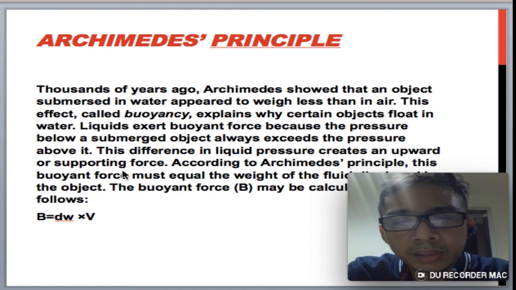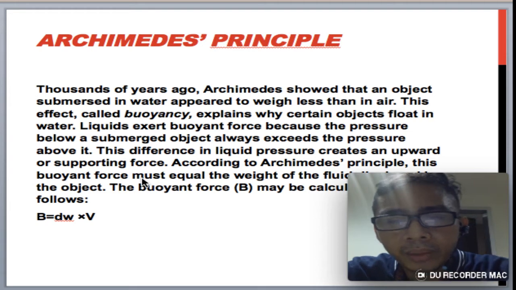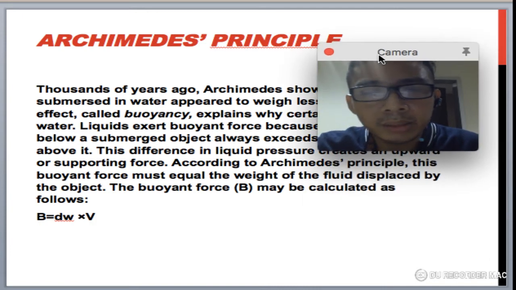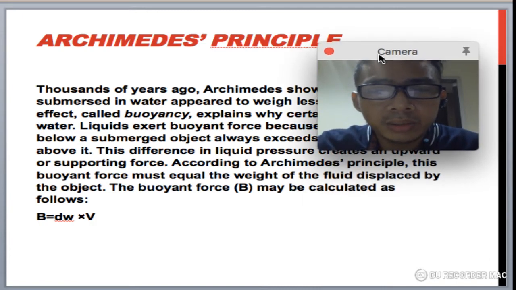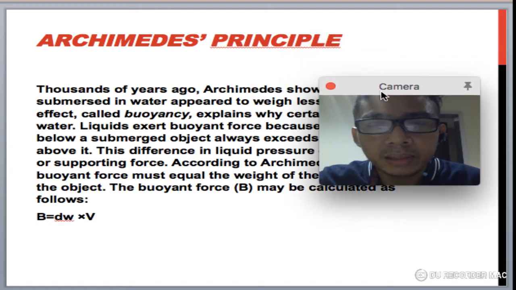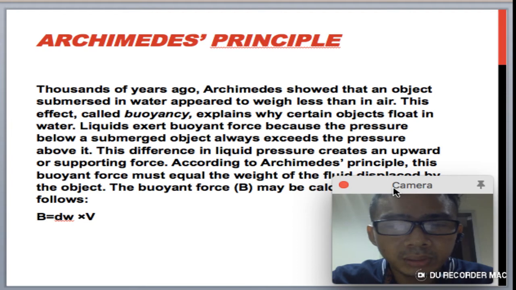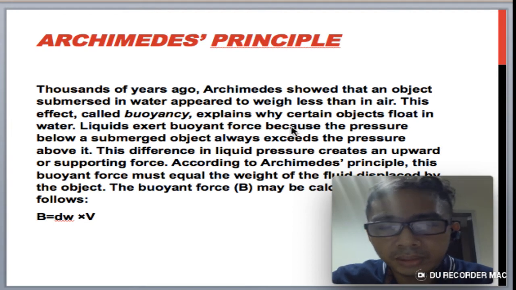This difference in liquid pressure creates an upward buoyancy force almost equal to the weight of the fluid displaced by the object, and the buoyancy force may be calculated as follows. So that's the equation for buoyancy. So when we say buoyancy, it reflects the Archimedes principle.